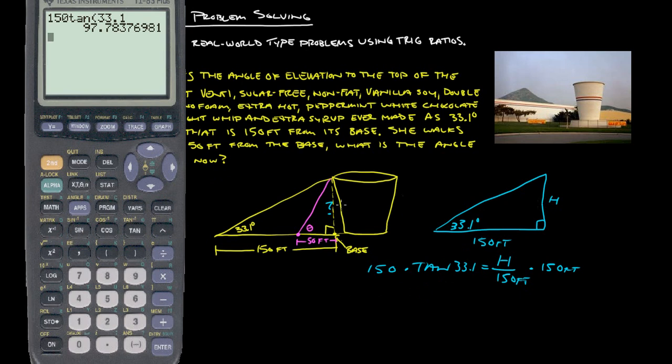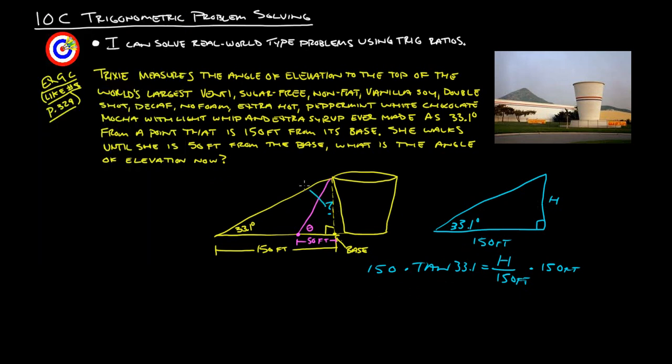All right. So now if we're looking for this angle here, let's do that over on this side. We know that this is 97.8, this is 50, and we're trying to figure out what that angle is. Again, it's opposite and adjacent, so that's going to be tangent. Tan theta equals 97.8 over 50.